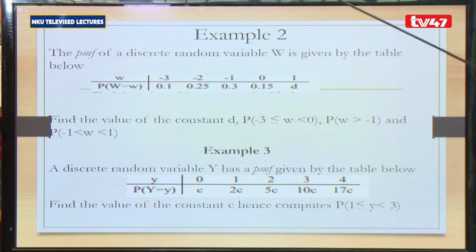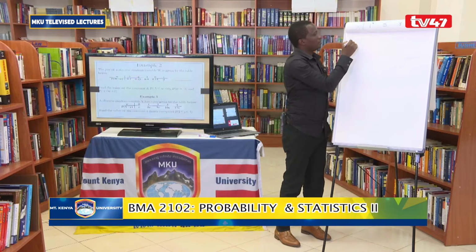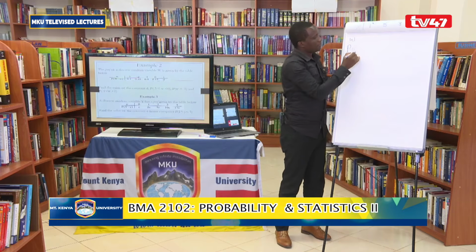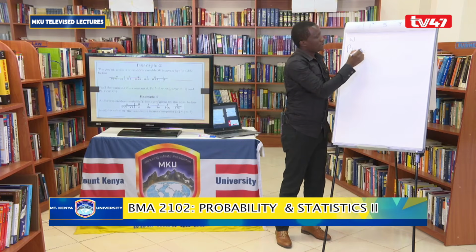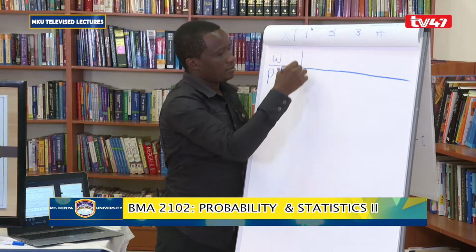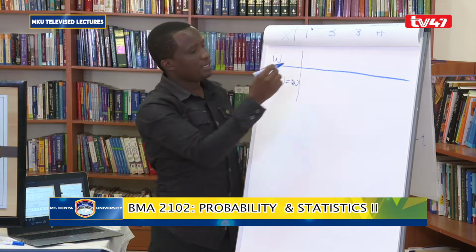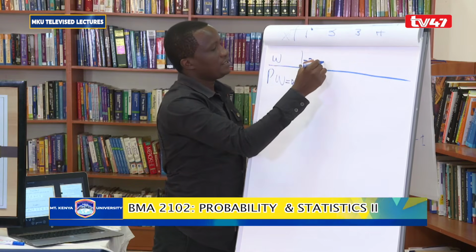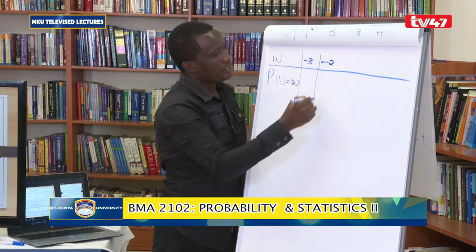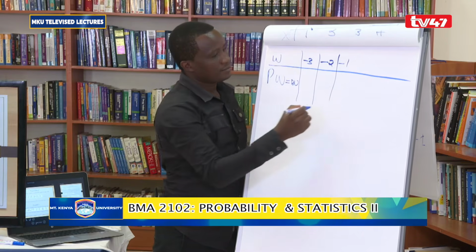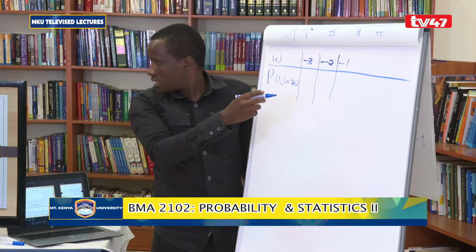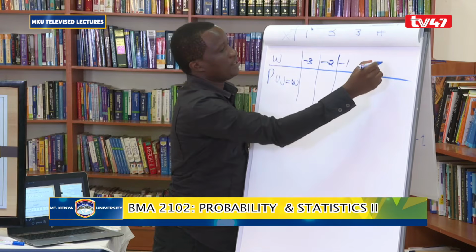So in the first example, we have a random variable W, and the corresponding probabilities, P(W = w). You're given that W takes -3, -2, -1, then it takes 0 and 1.